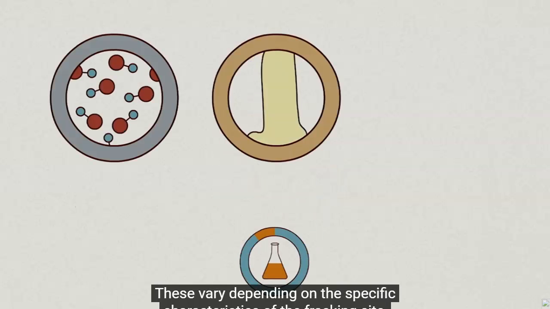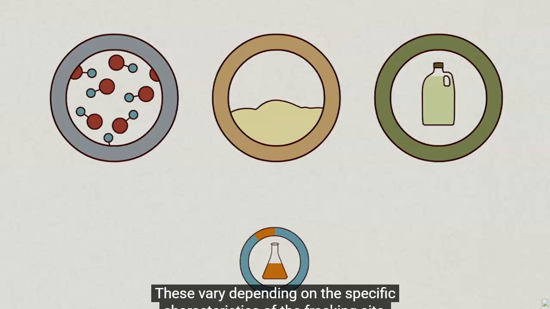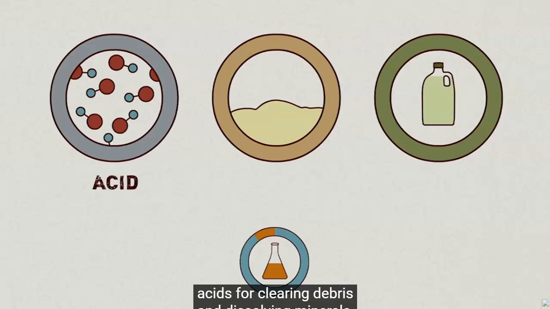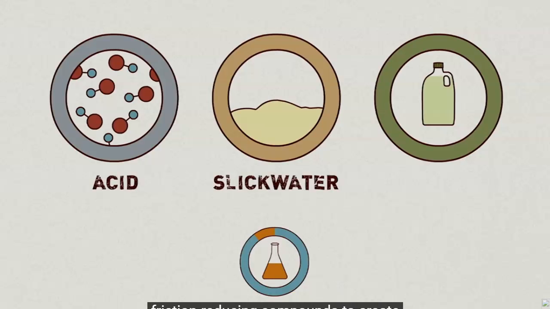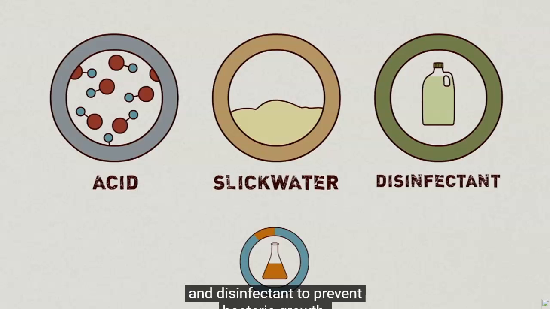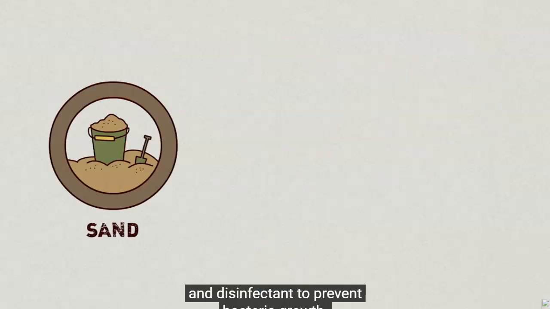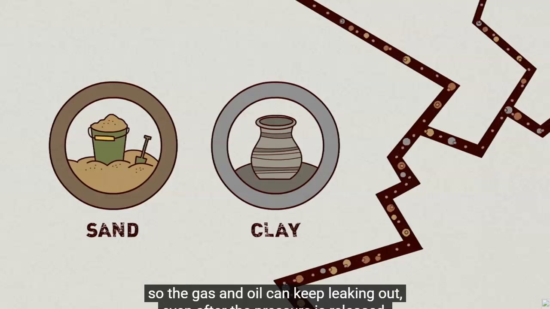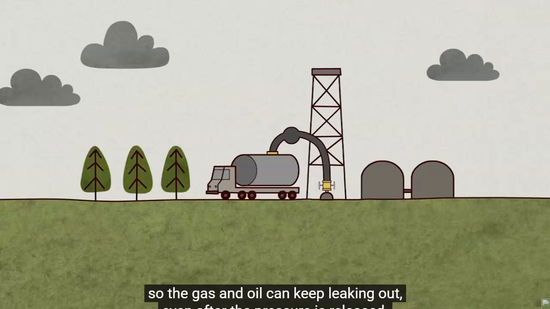These vary depending on the specific characteristics of the fracking site, but usually fall into 3 categories. Acids for clearing debris and dissolving minerals, friction-reducing compounds to create a slippery form of water known as slick water, and disinfectant to prevent bacteria growth. Sand or clay is also mixed into the water to prop open the fissures so the gas and oil can keep leaking out even after the pressure is released.